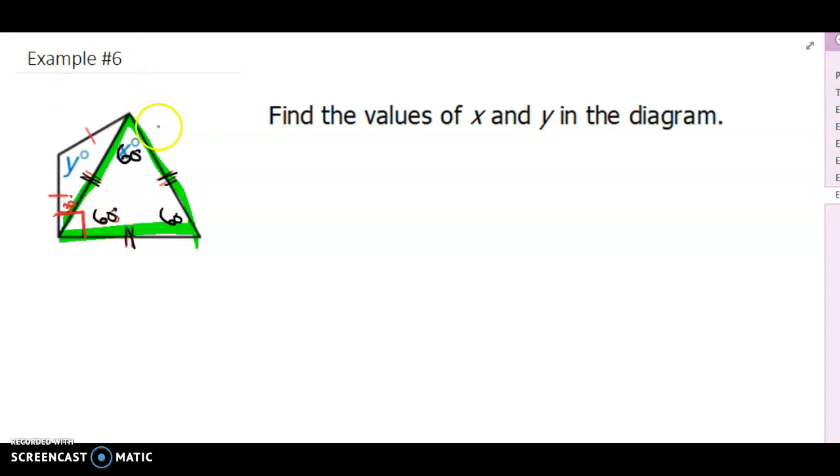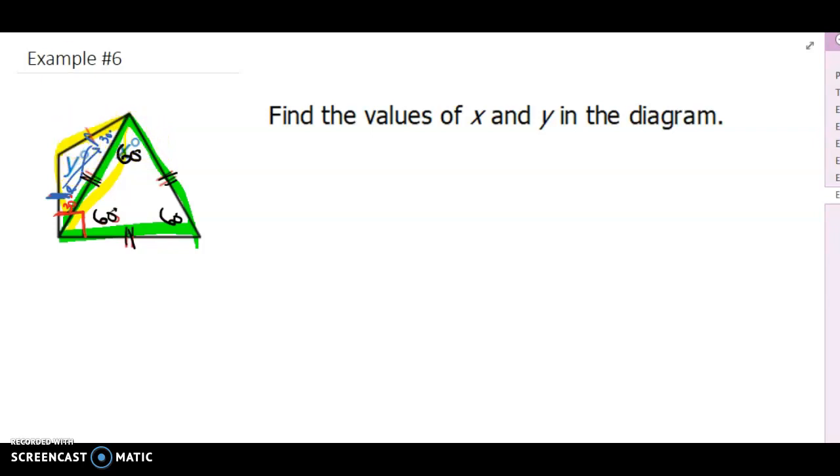Now I'm looking at this left triangle, guys. Probably should have mentioned that. This side here and this side here are congruent, which means this angle and this angle are congruent. So this also has to be 30 degrees.